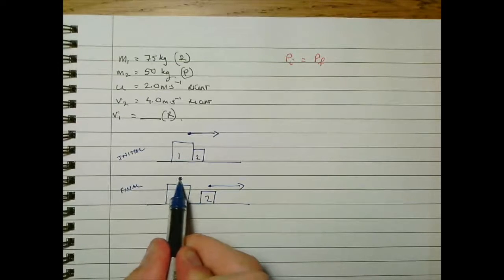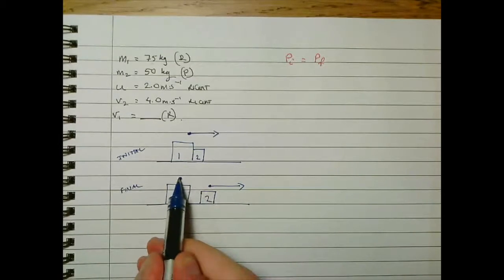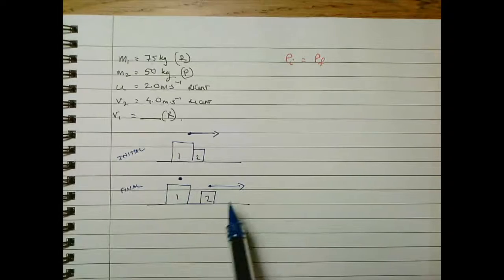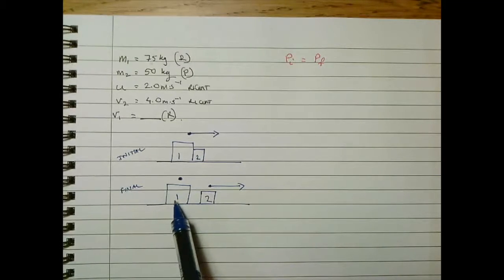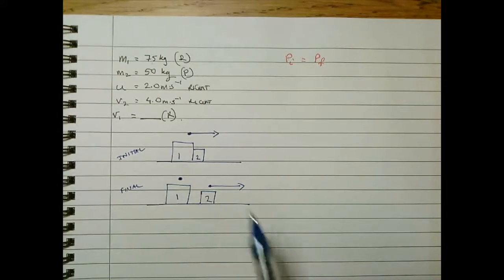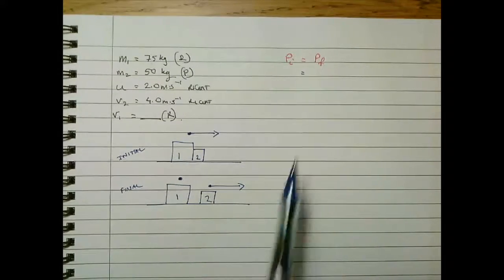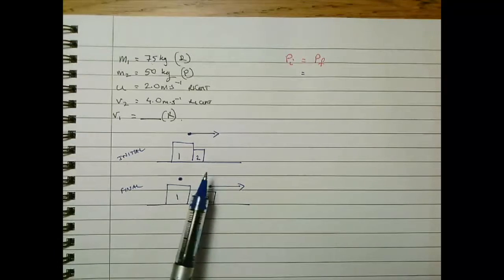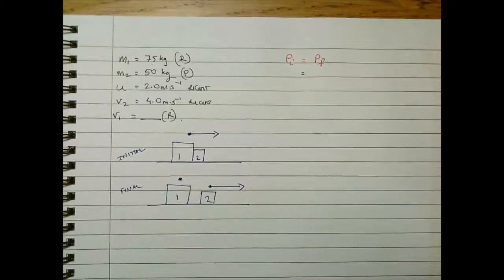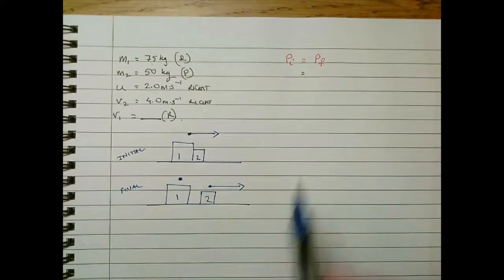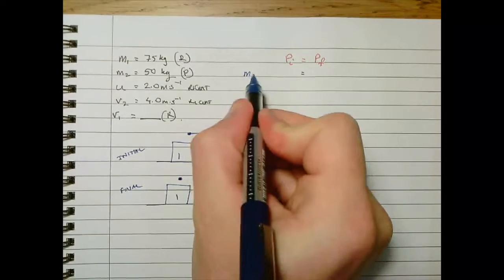What we don't know, and what we want to find, is the magnitude and direction of the final velocity of object 1, who is Renfrew. So we'll get started with our work. Notice I'm working down the page and I have my diagram and all our variables set out nice and clearly. This is the best possible way for us to understand what's coming next, and it helps to organize and structure our work. To get started, I'll start with our usual formula.